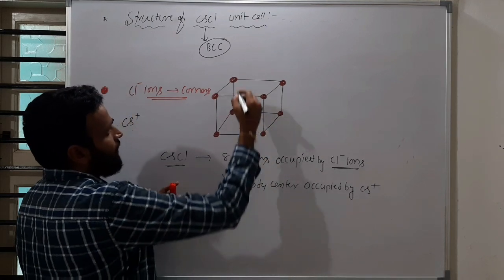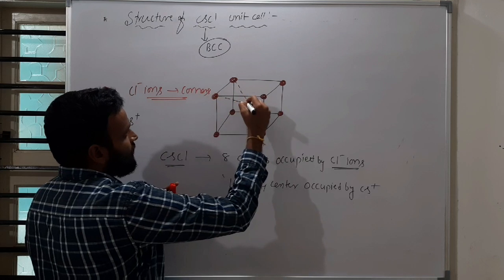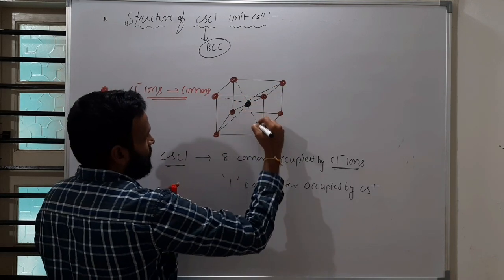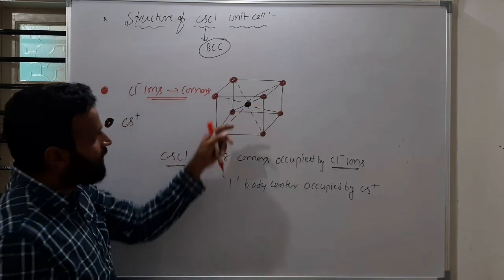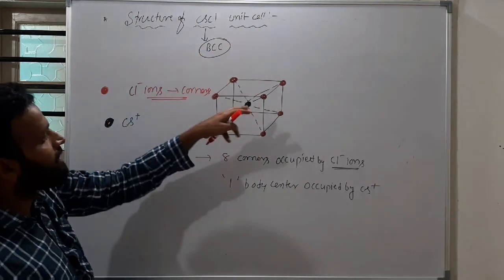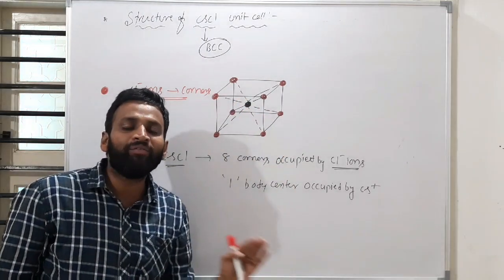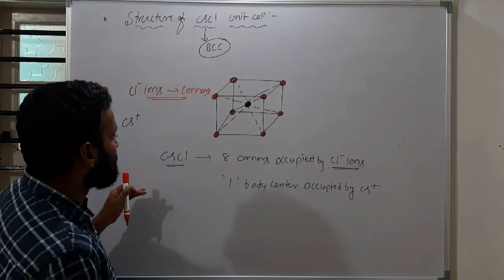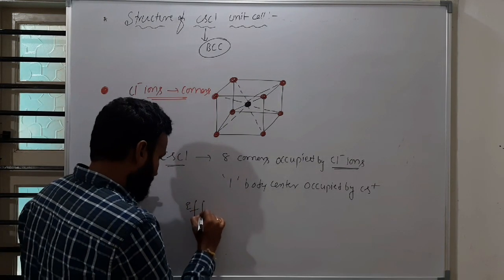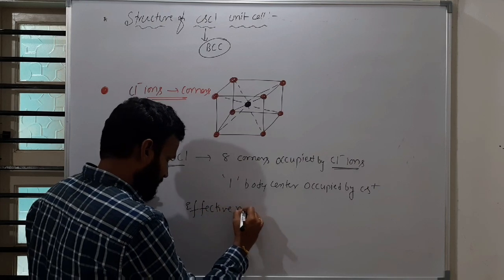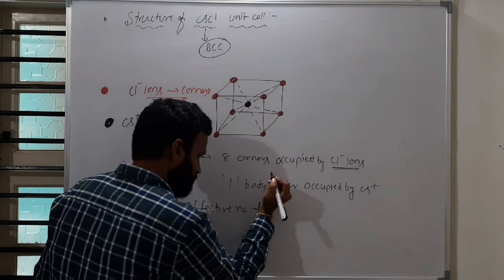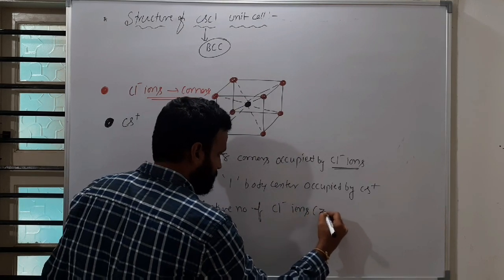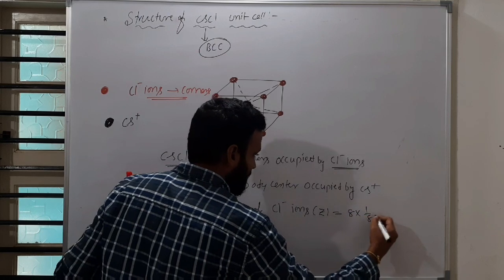So Cs plus you have. These all are connected with the same distance like this. It appears like this, but this body center Cs plus is at equal distance to every corner. Getting what I am saying? So this is about cesium chloride, and here how many effective number of Cl minus ions? 8 into 1 by 8 is equal to 1.